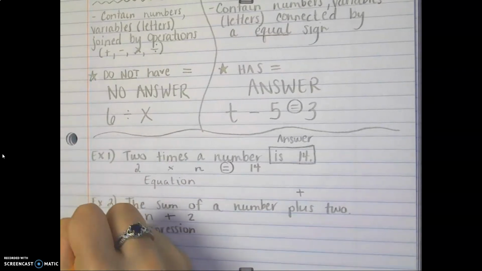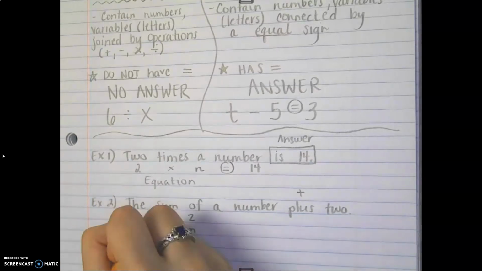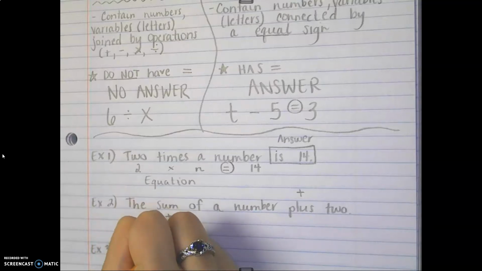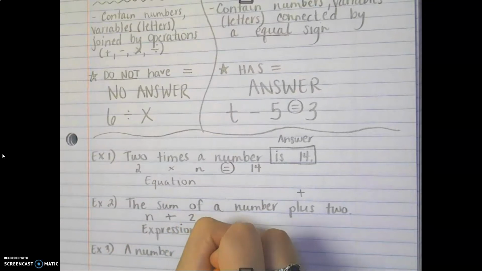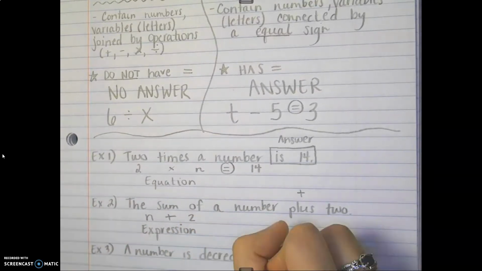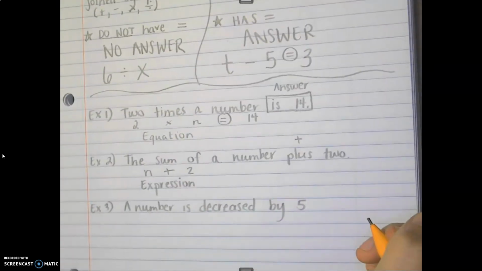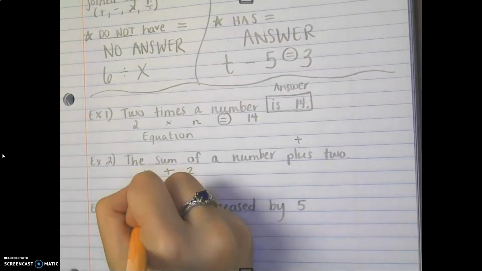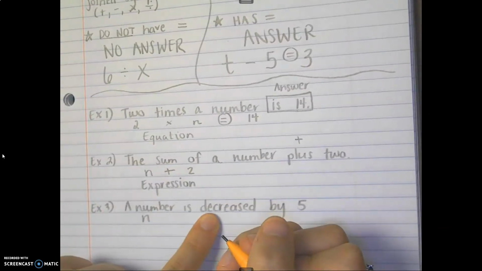Let's try one more. This one's a little bit tricky. A number is decreased by 5. So a number, so n, we don't know what that number is, decreased by 5.